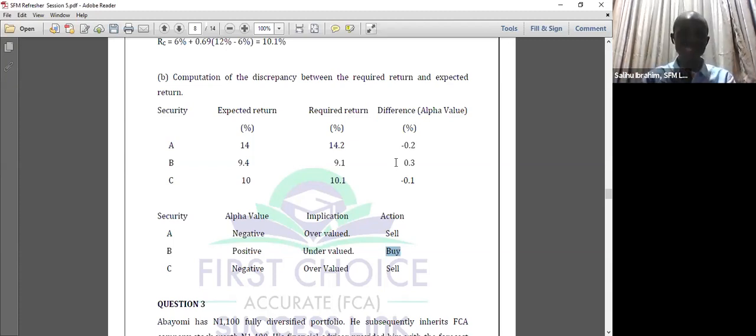If you plot the graph, any stock that lies on that line means the stock is correctly priced. What is the implication?